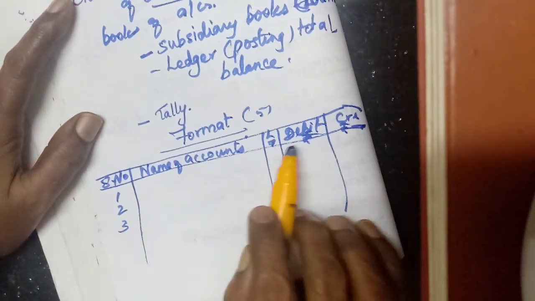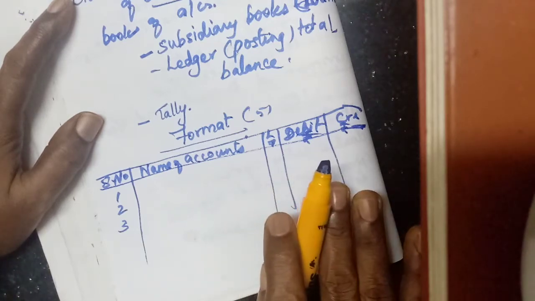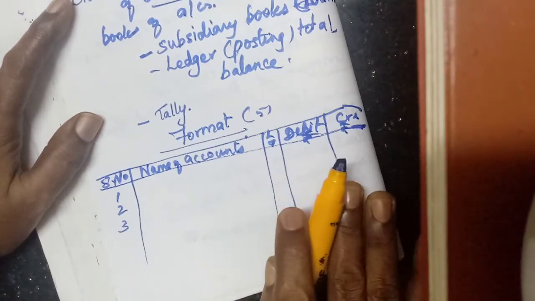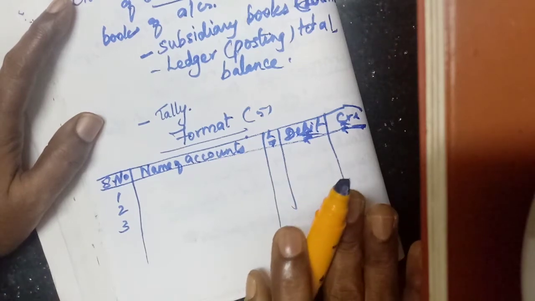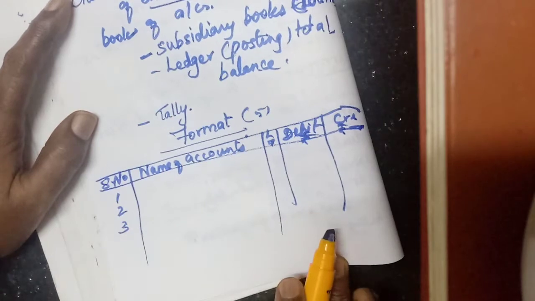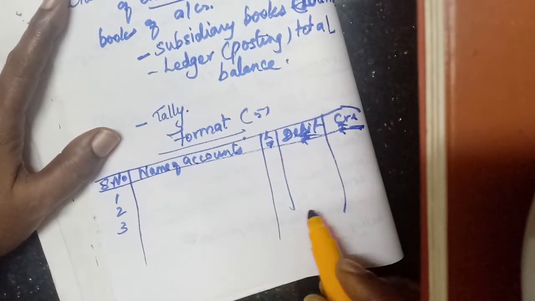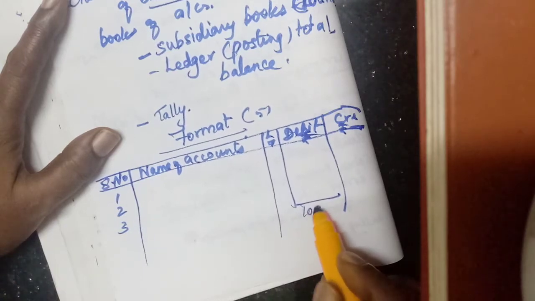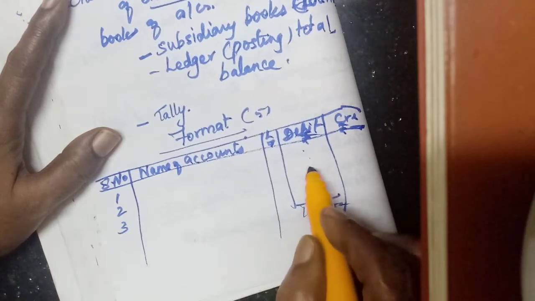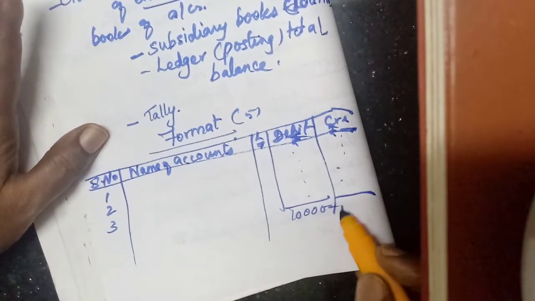So debit and credit will be equal. All the transactions will have debit and credit. So that is the rule, that the total of the debit column will be equal to the credit column. If the debit is 1 lakh, then here also it will be 1 lakh.